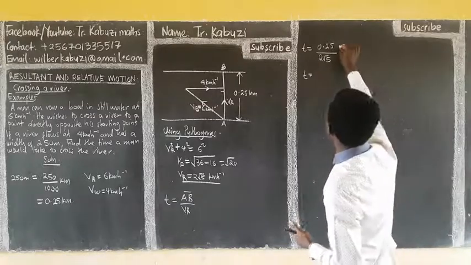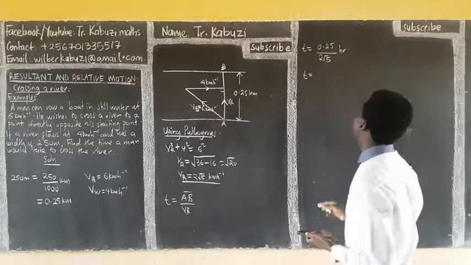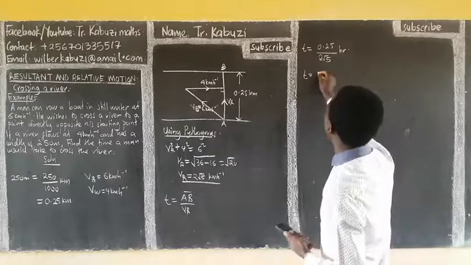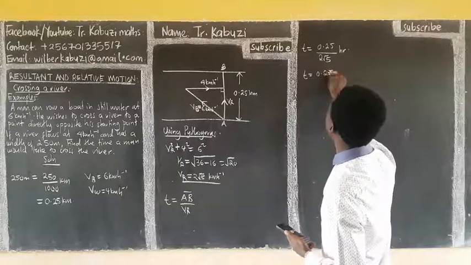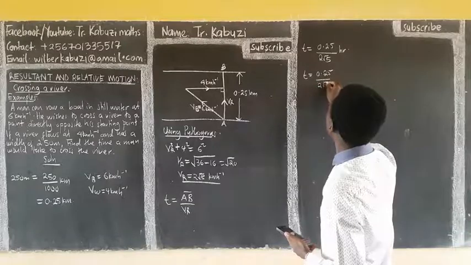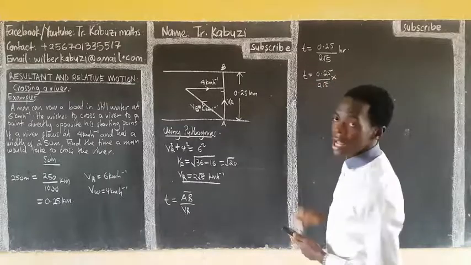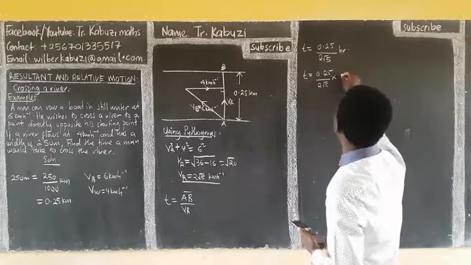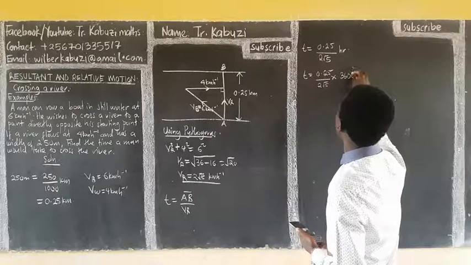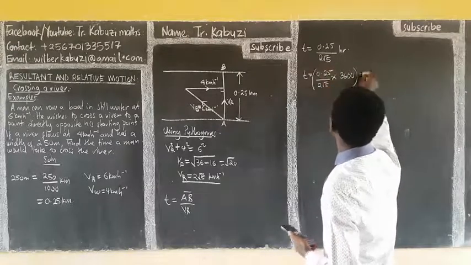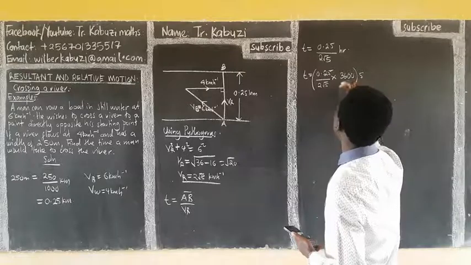Remember, these are now in hours, which is 0.25 over 2.5, then we can convert them to seconds by multiplying with 3600.